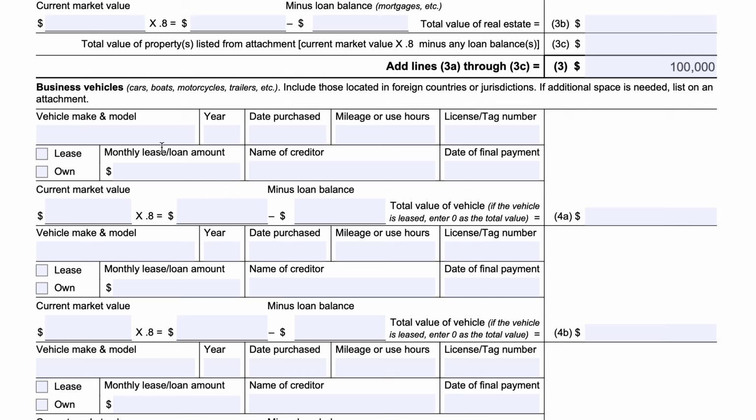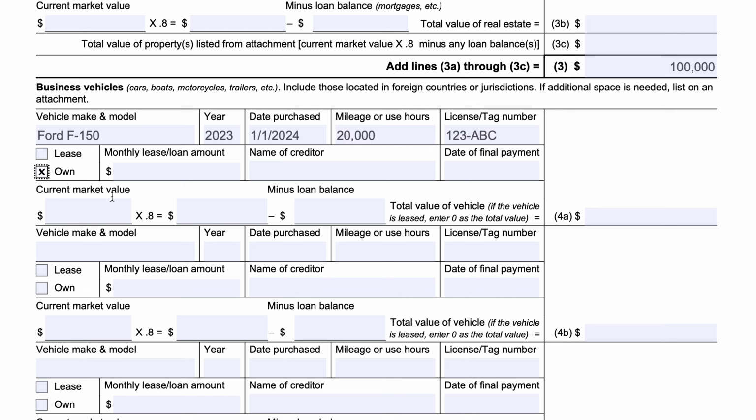So in this section, we're going to put in business vehicles. Let's just say your make and model. Let's say he's got a work truck, a Ford F-150. That's from 2023. He bought it in 2024. It's got 20,000 miles.